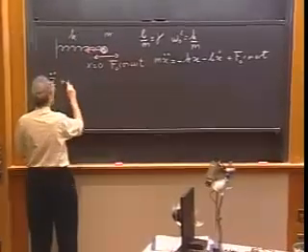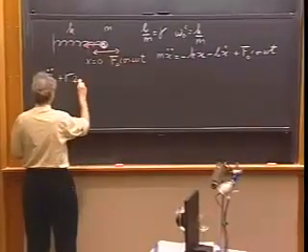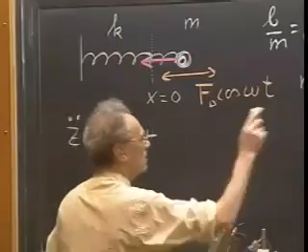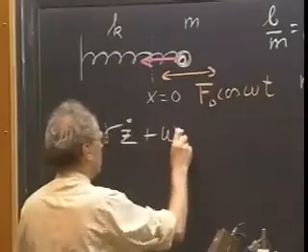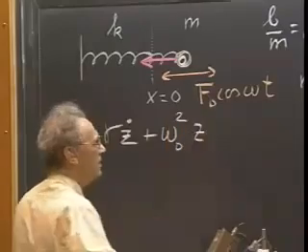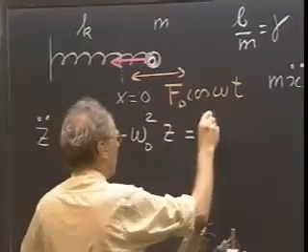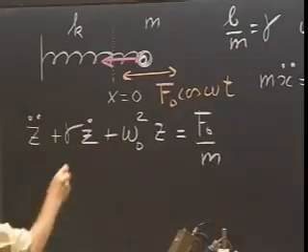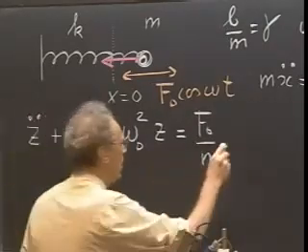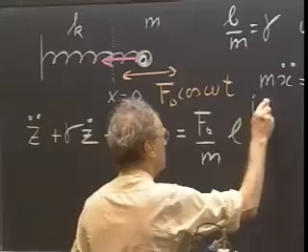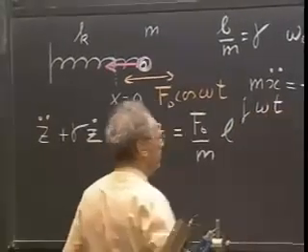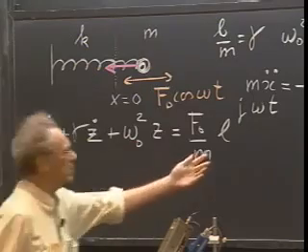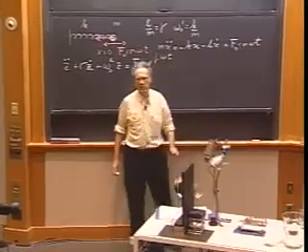We get plus gamma times z dot plus omega 0 squared times z, and that now becomes F0 divided by m, remember, I divided m out, times cosine omega t, for which I will write e to the power j omega t, because I work now in the complex plane. And through Euler, I can always convert that back to cosine.